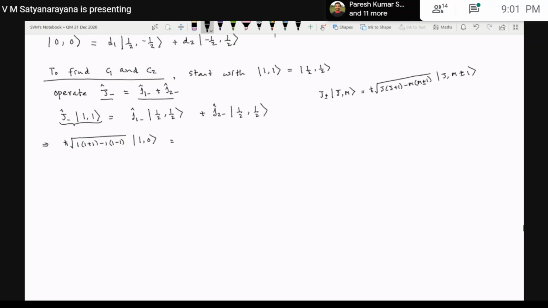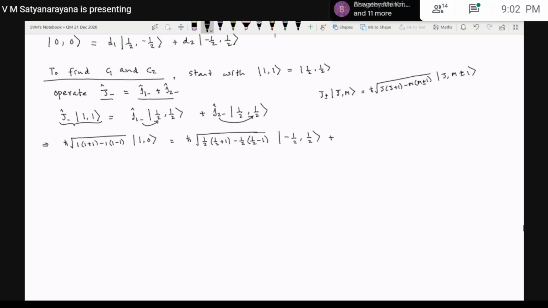Now this J1 minus will act only on this one, because this is m1, and J2 minus will act only on this one. This is m2. So I have h bar times the square root, j1 is half, so half into half plus 1 minus half into half minus 1, into, when I put J minus, this plus half becomes minus half. So this is |-1/2, 1/2>.